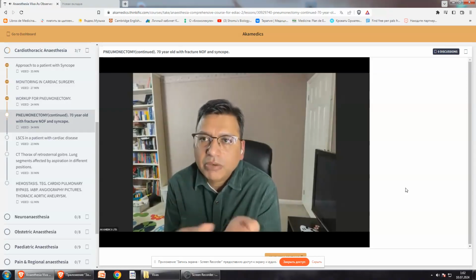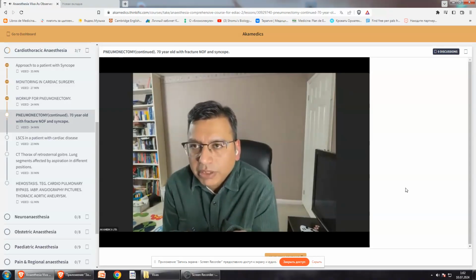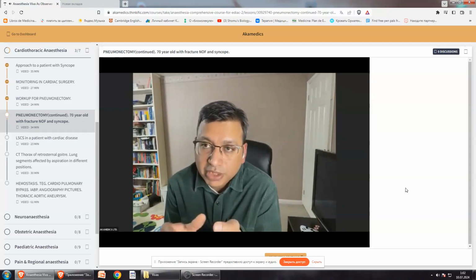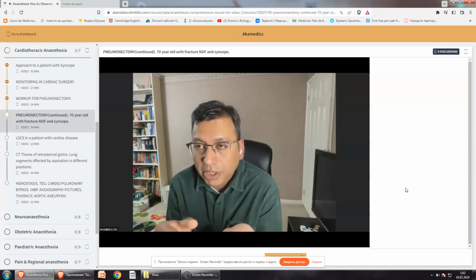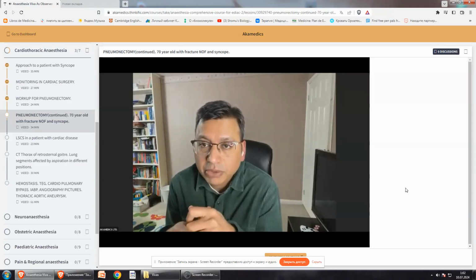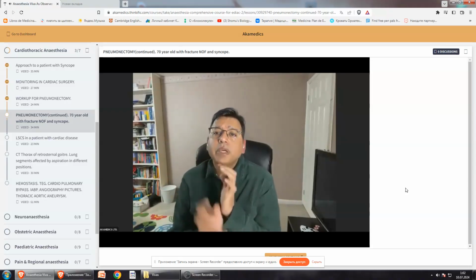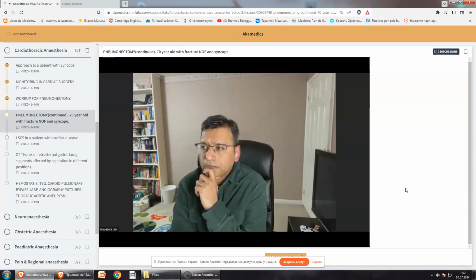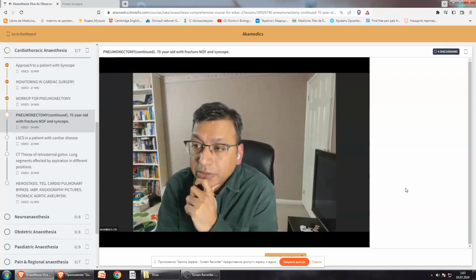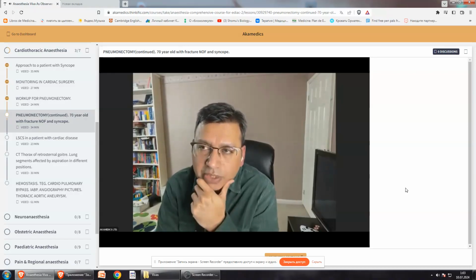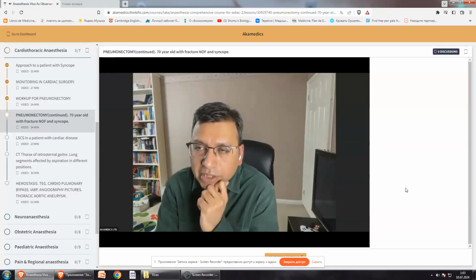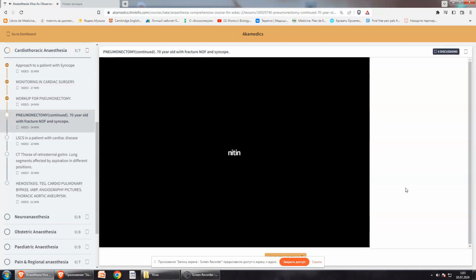Some images of echo, to see the difference between cardiac tamponade and pleural effusion. That is something you need to know as well. Those are the other things that we can discuss, and maybe more clinical scenarios with a cardiac patient, a pregnant lady with a cardiac condition.